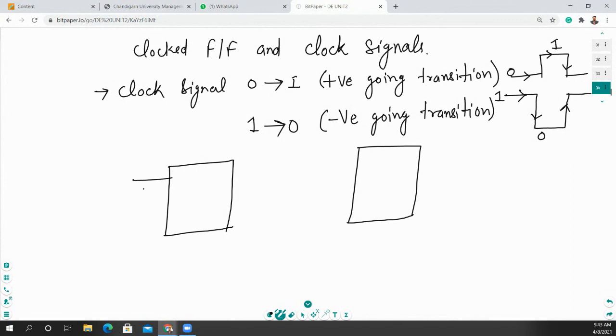So let's suppose that these are some input signals. Okay, and to operate this input with some clock pulse, you have to provide the clock pulse like this, CLK. And you have to provide either edge trigger or level trigger, or you can use the positive trigger or the negative trigger.